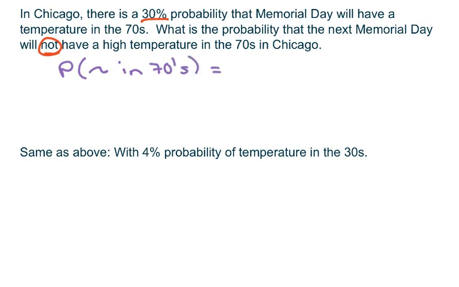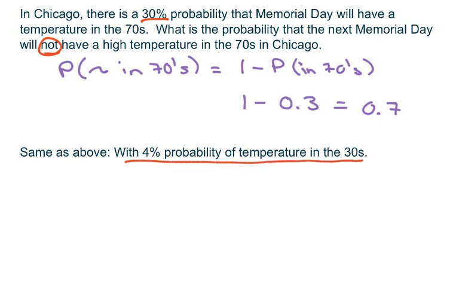So that's just going to be 1 minus probability in the 70s, which equals 1 minus 0.3, which just equals 0.7.